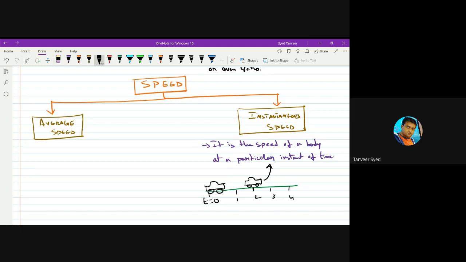Suppose you are going in a car. Let us say you are going on a highway.